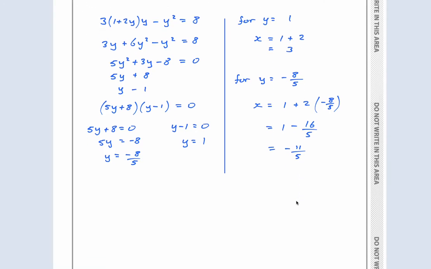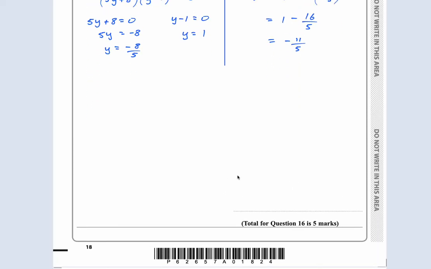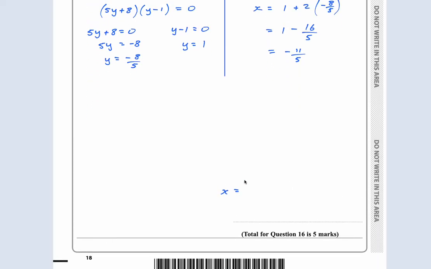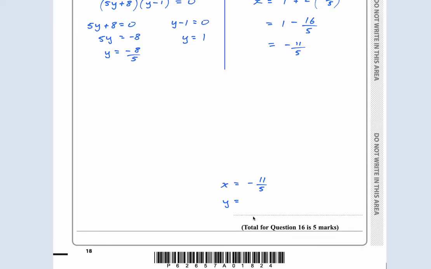So I have two solutions. I have my x equals minus 11 over 5, y equals minus 8 over 5.